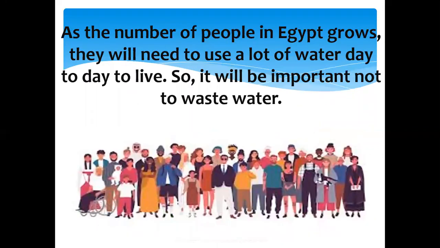So, as the number of people in Egypt grows, they will need to use a lot of water day to day to live. So, it will be important not to waste water. We want to make sure we have enough water for everyone to use as needed.